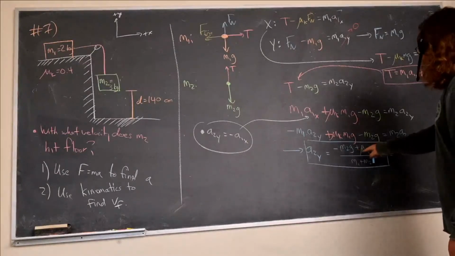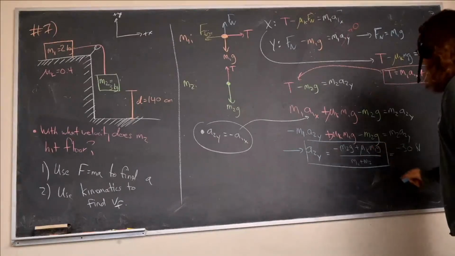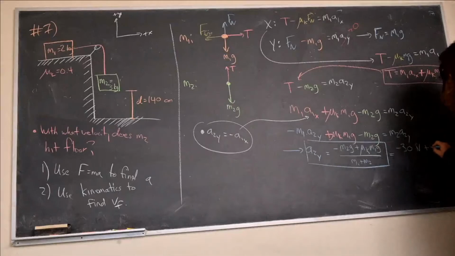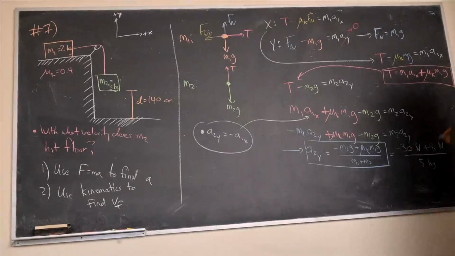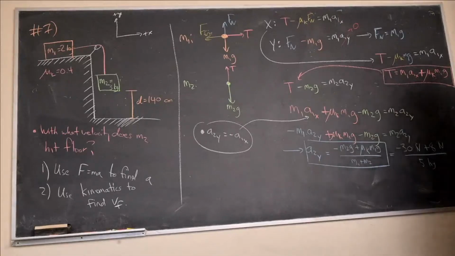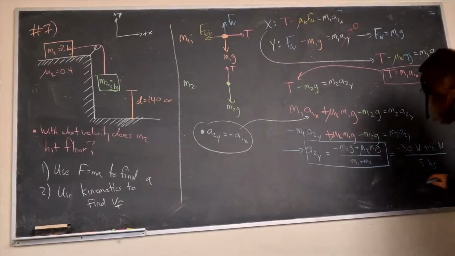Mu k is 0.4. m1g is going to be 20 newtons times 0.4 is 8 newtons over 5 kilograms. So that's 38 newtons divided by 5 kilograms. Let's see. 38 divided by 5 is the same as 76 divided by 10.